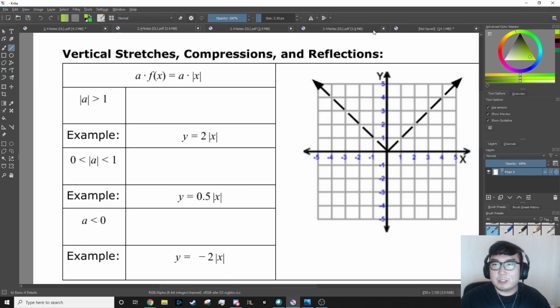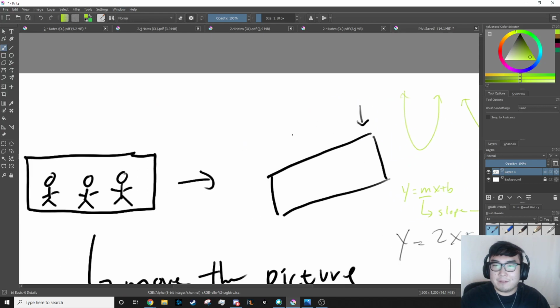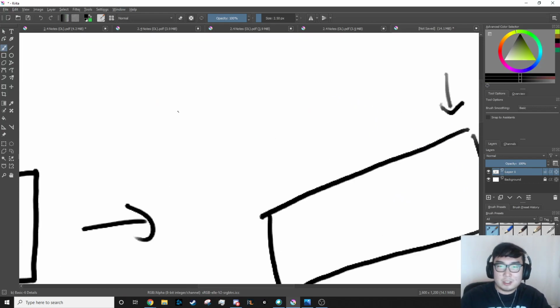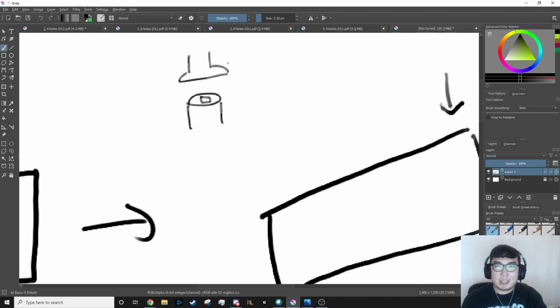You know, those machines where they have this pedestal right here, and you put an item here, and there's this big hammer thingy that comes down and smashes this thing in half. This is vertical compression because you're smashing something.